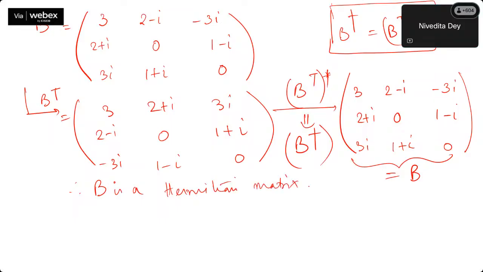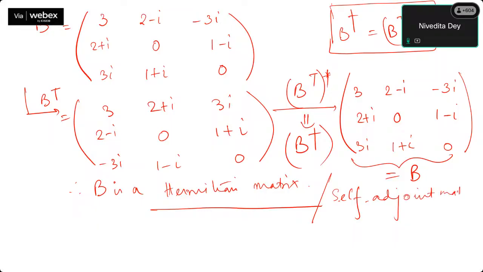Why are we learning this Hermitian thing? Because any quantum operator is Hermitian, that is, self-adjoint.